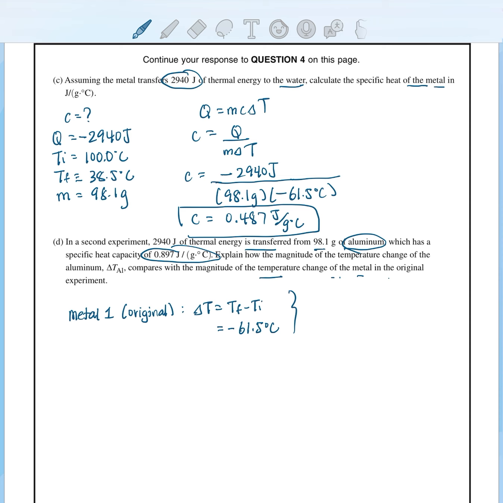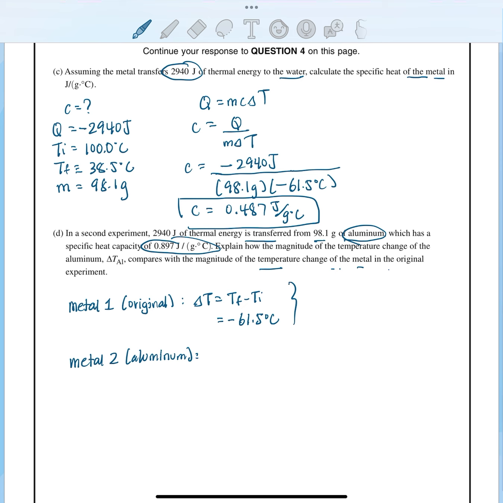Let's try to find delta T for the aluminum and then compare. Now, if you look at the AP answer key, there's a couple ways you can solve it. I like the calculation just because it's a little bit more concrete, or I guess you could explain it in words as well, but just the numbers help me kind of visualize this a bit better.